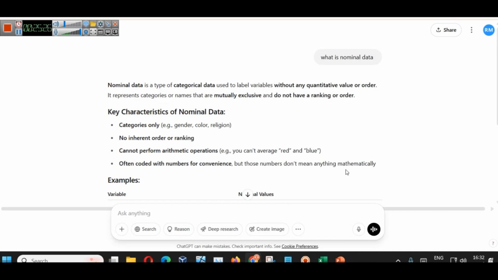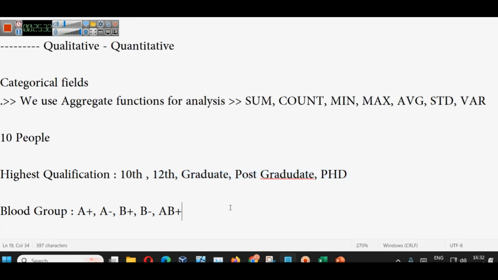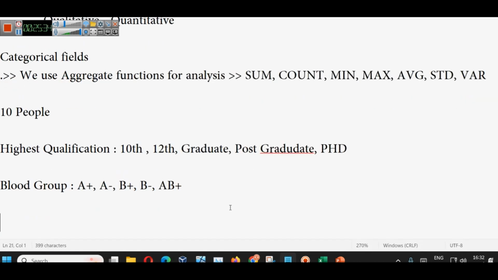For example, when we travel in a train, right? So in a train also we have a finite number of options, right? Like we have general, we have sleeper, right? We have third AC. Here third AC is written, second AC is written, first AC is written. These are just names, right?